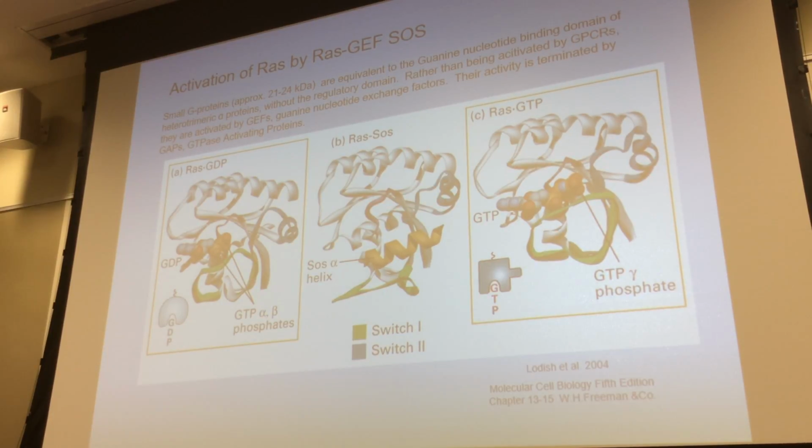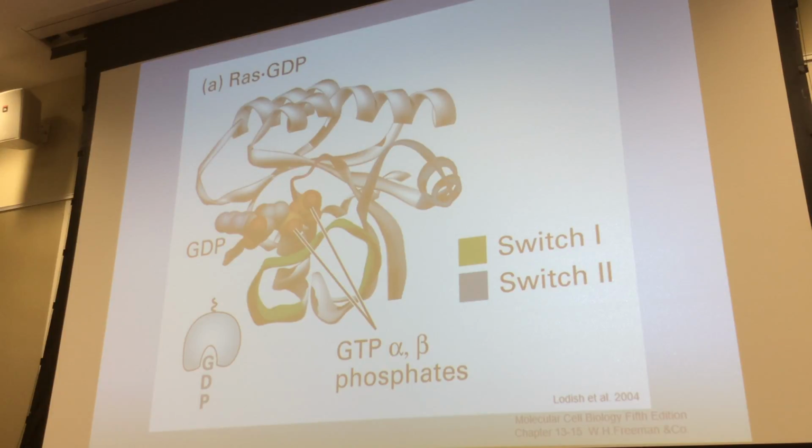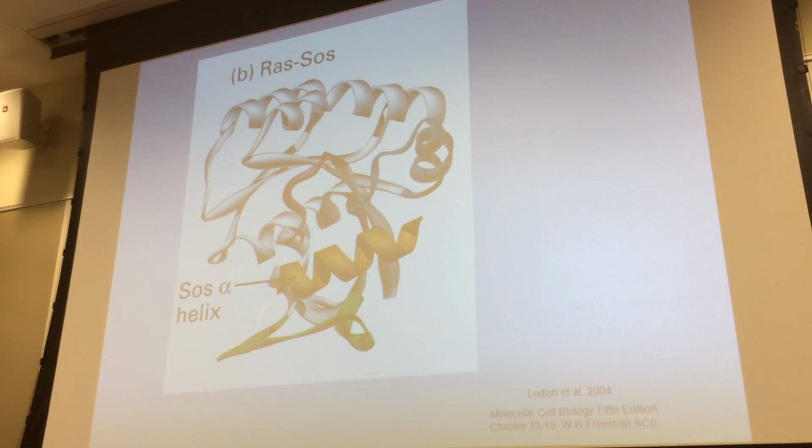Now, this is how this works. We've got our GTPase activity, which is going to break down the GTP and remove the gamma phosphate and inactivate our RAS. It's got a little switch on here that holds this in place, and you need to have a GEF, guanine nucleotide exchange factor, in order to open this up and allow the GDP to be released.